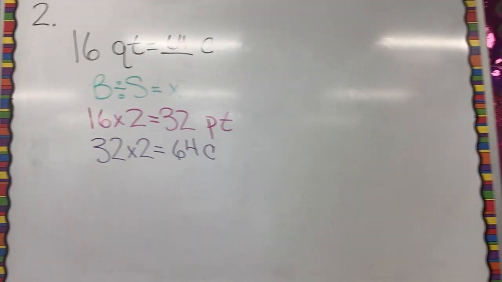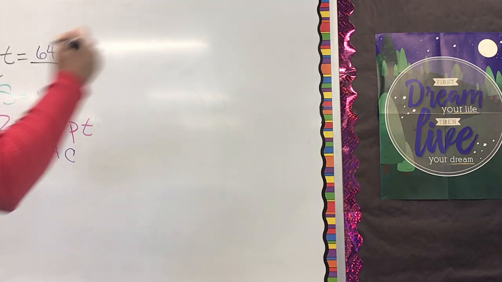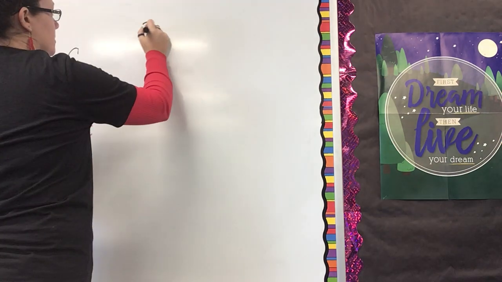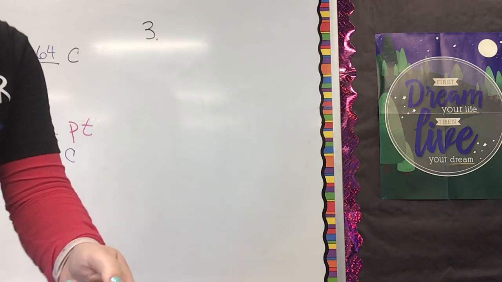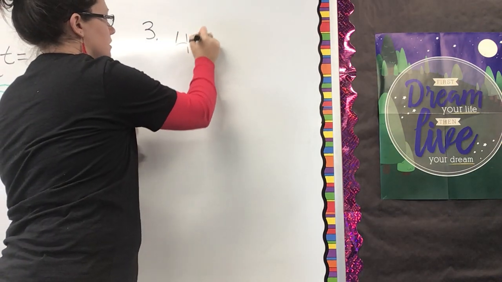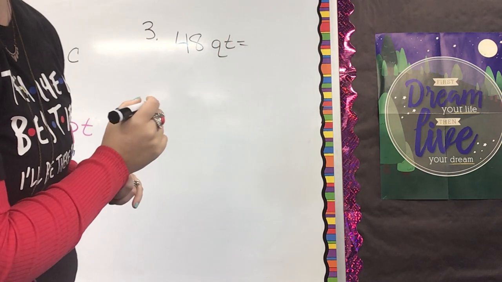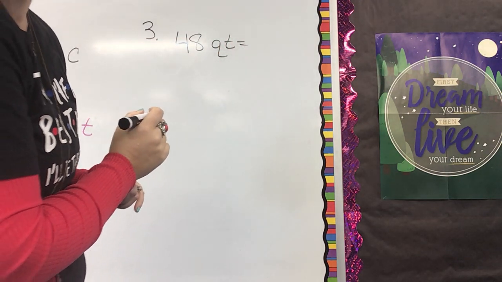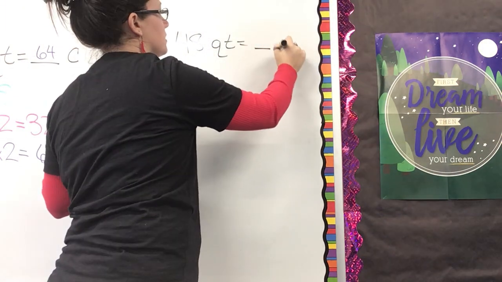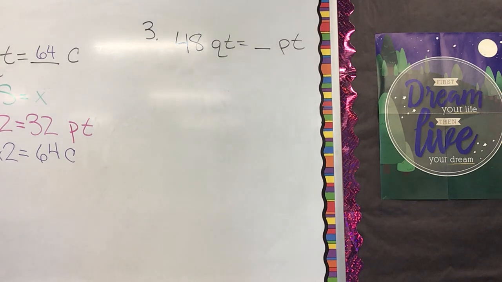Very nice. All right, with a neighbor, staying in your seat, I want you to do this one. 48 quarts equals blank pints. With a neighbor, I want you to work on that one. 48 quarts equals how many pints?